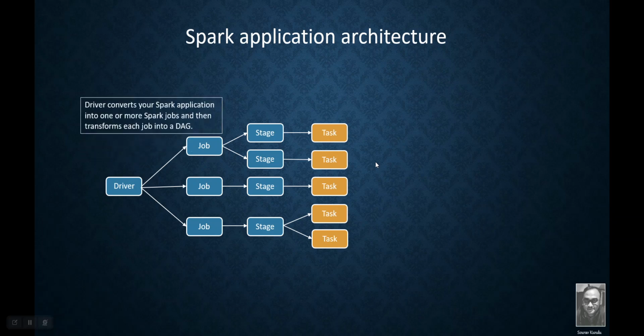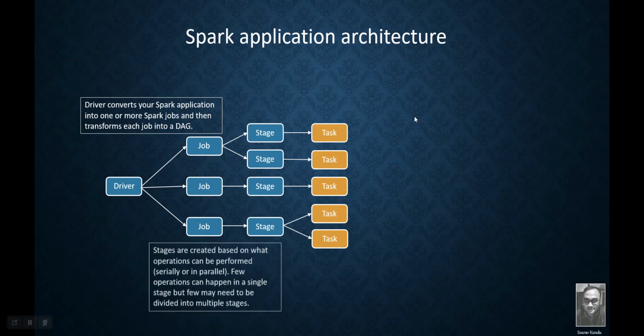The driver converts your Spark application into one or more Spark jobs and then transforms each job into a DAG. We will understand DAG a couple of slides later. For now you just need to understand what the driver is exactly doing: converting your Spark application into one or more Spark jobs and transforming each job into a DAG.